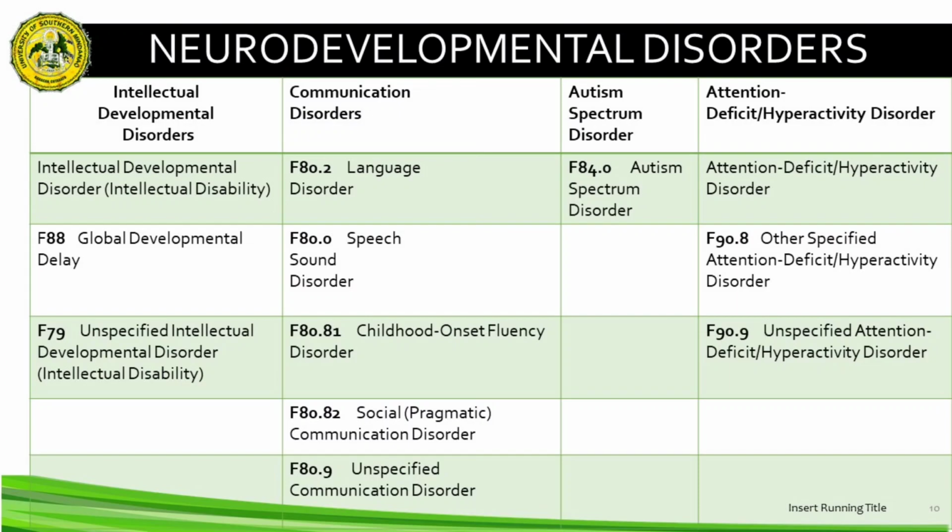And lastly, I will be discussing the attention deficit hyperactivity disorder that includes attention deficit hyperactivity disorder, the F90.8 or the other specified attention deficit hyperactivity disorder, and the F90.9 or the unspecified attention deficit hyperactivity disorder.